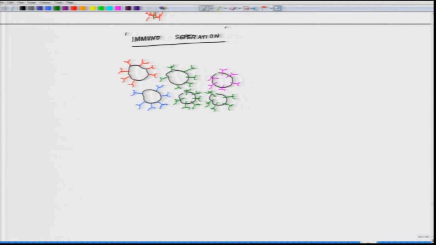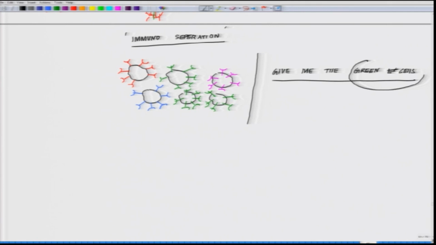Now, I give you a situation, I say to you, okay, give me the green labeled or green cells. And I believe these green cells are, say, motor neurons.